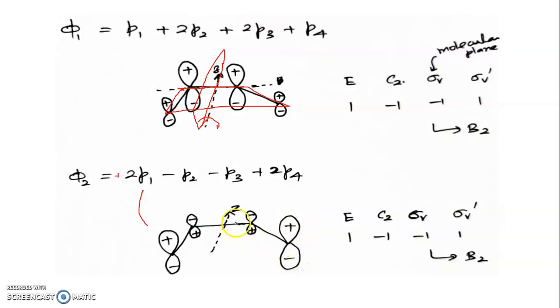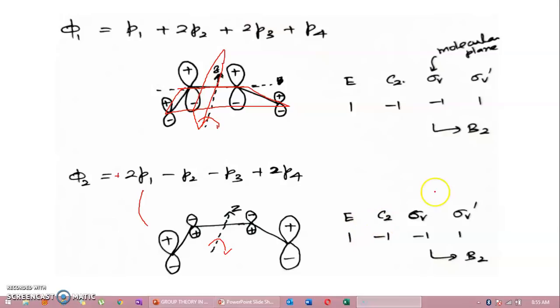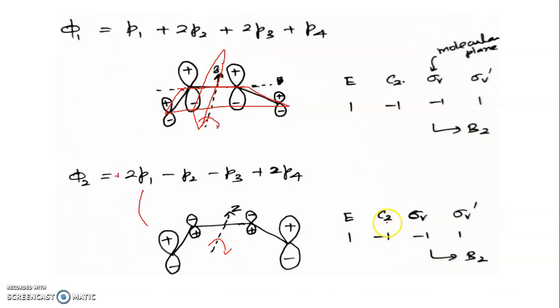Now we should carry out the operations. Identity operation, doing nothing, so all the lobes remain as such. Therefore, give +1 for this character. Then for C2, if you rotate this molecule along this z-axis, the principal axis, by 180 degrees, what will happen? This orbital will go here and this orbital will come here.